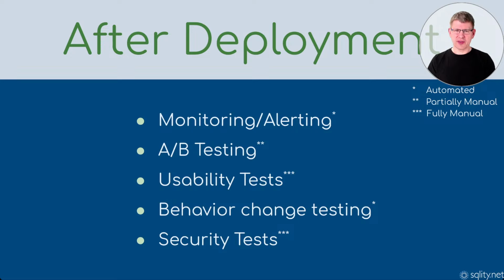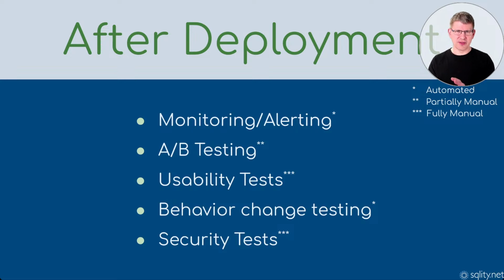You also can do behavior change testing. It is a similar thing as A/B testing, but it compares the current deployment to the previous deployment. And you want to look at if specific features that were used commonly before are now used less commonly, and so on. And it can give you clues into both usability problems, but also performance problems.